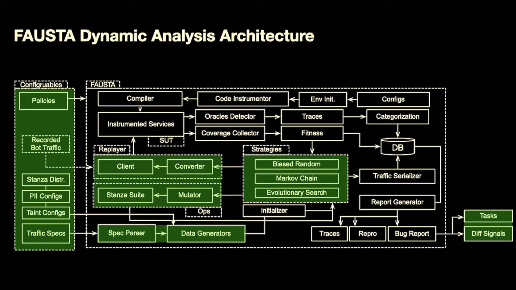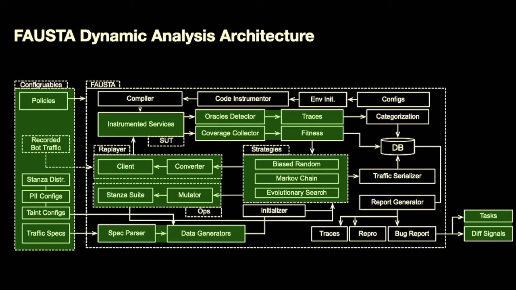And then the rate player would send this traffic to instrumented services, which were automatically compiled from transformed source code for tracing the coverage or the call stacks of the runtime behavior. And then we have two detectors. The Oracle detector checks the runtime behaviors against the codified policies and records any violation detected.